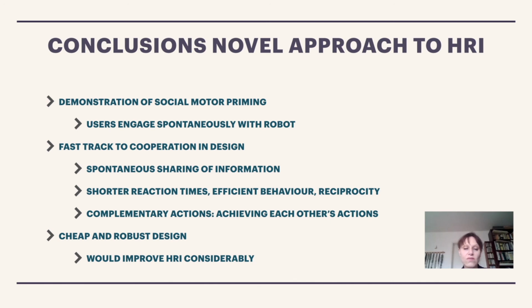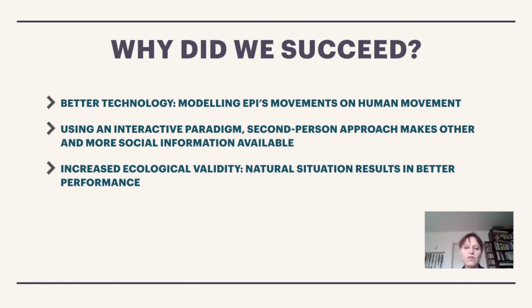And this constitutes, in our opinion, a fast track to cooperation with spontaneous sharing of information, shorter reaction times, efficient behavior. We have reciprocity and even complementary actions, with the human completing the actions of the robot. Why did we succeed?